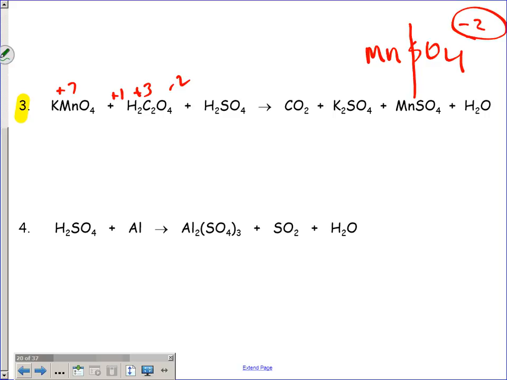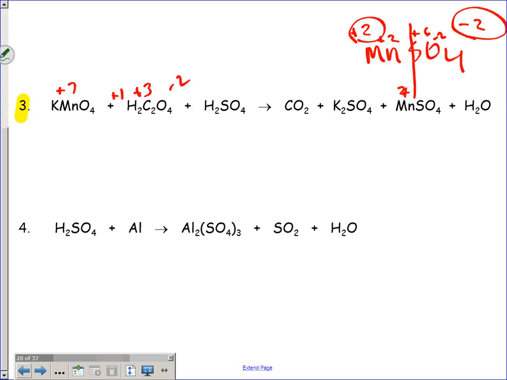So the manganese needs a charge to offset that, so that definitely would be a +2 in terms of the compound. And then this has got to be the ionic charge, which in this case is a +2. And then your sulfur would be a +6. So you can go through all your states as well, but it's actually an ion in this compound. Okay, so this is a +2.